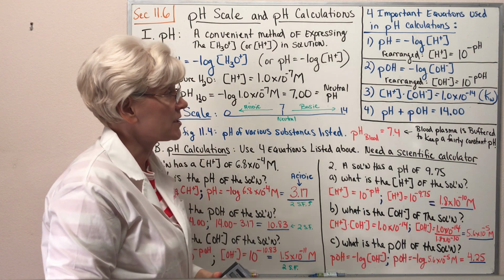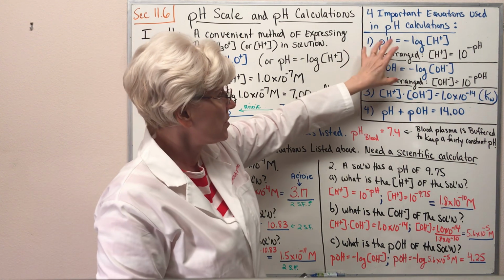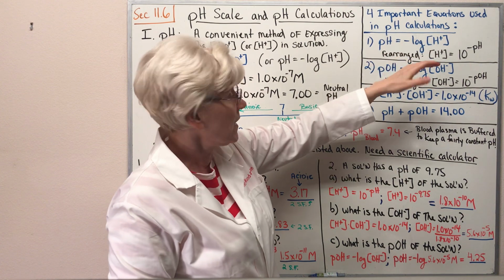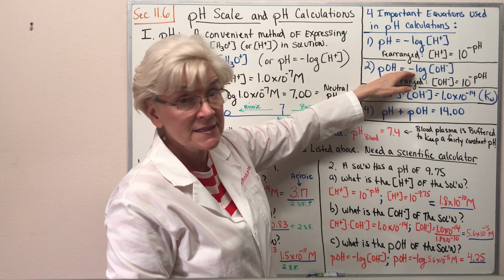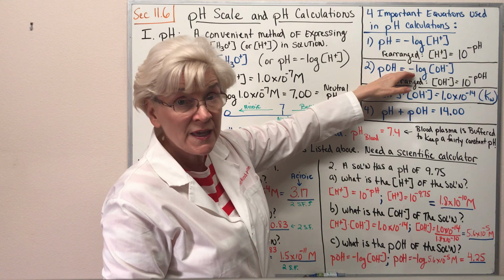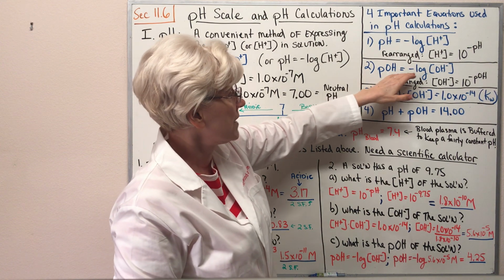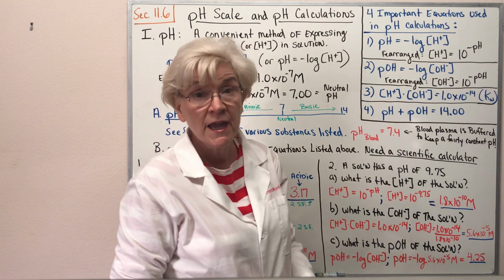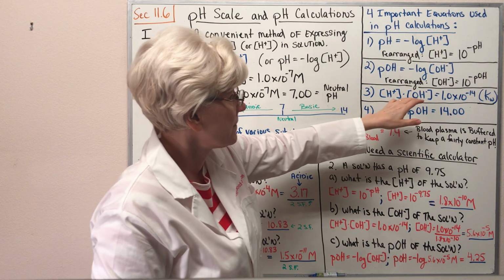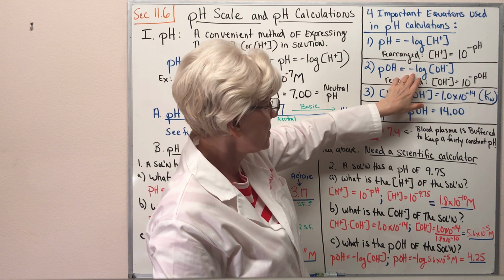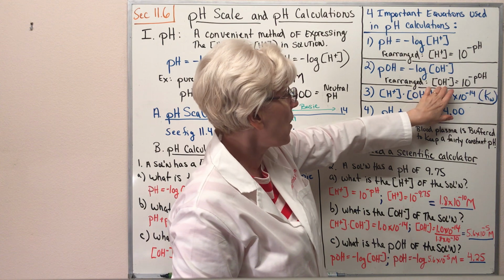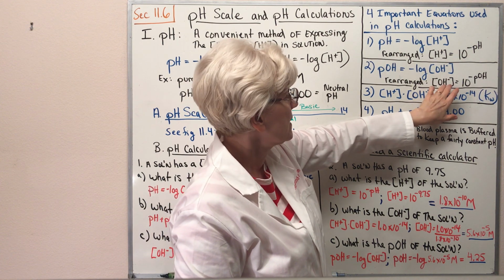In order to calculate the hydrogen or hydronium ion concentration. While I'm here, I should also indicate that you can use the exact same reasoning with pOH. A pOH would be the negative log of the hydroxide ion concentration. And you can rearrange this equation and solve for hydroxide.